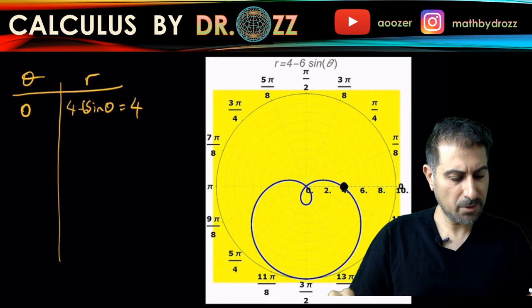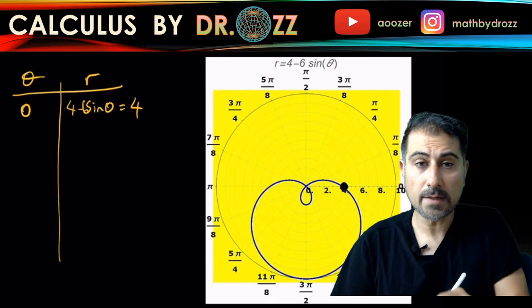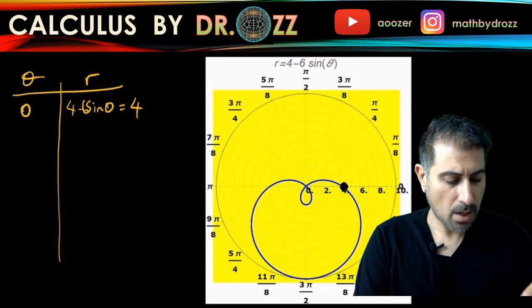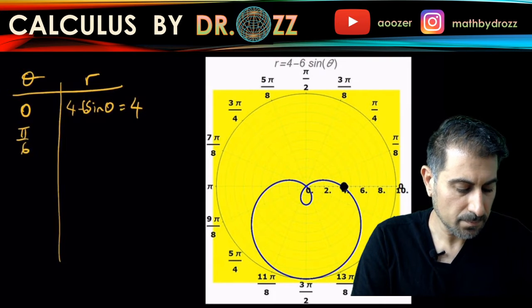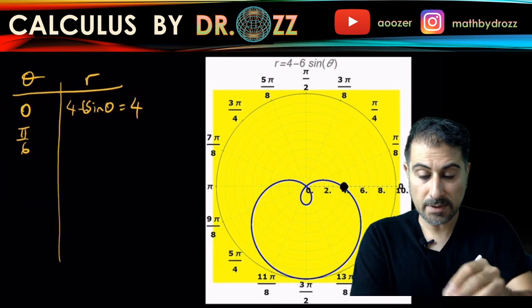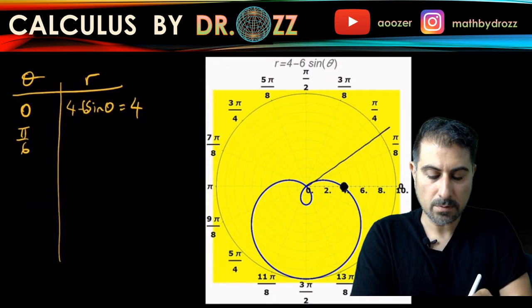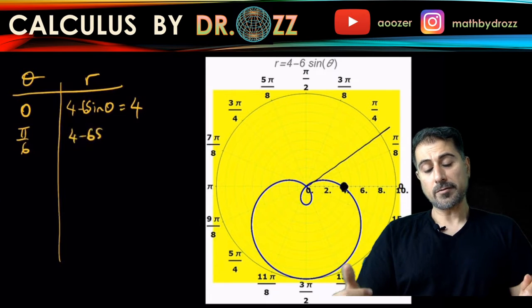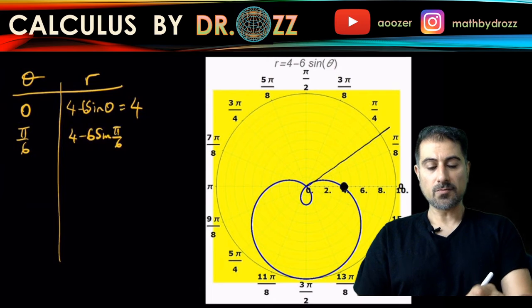All right, so why don't we look at pi over 6? We are talking about this ray here. At pi over 6, sine pi over 6 is 1/2. So 6 times 1/2 is 3, and 4 minus 3 is 1.